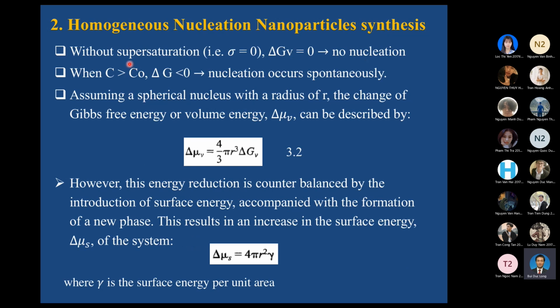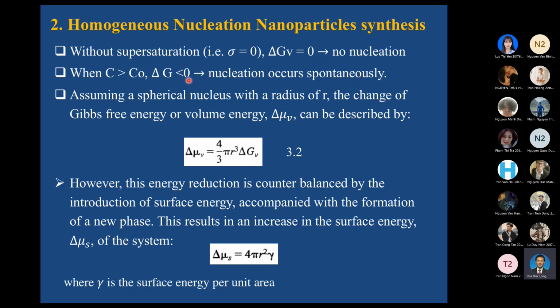From that equation, you can see that without supersaturation, for example sigma equal to 0, delta Z equals 0, so no nucleation occurs. And when C is larger than C0, delta Z, the Gibbs free energy, is smaller than 0, so nucleation occurs spontaneously.